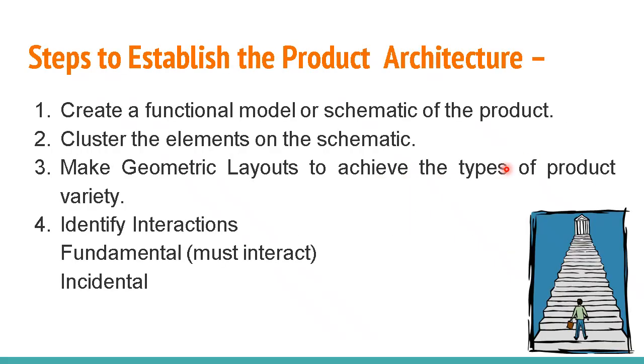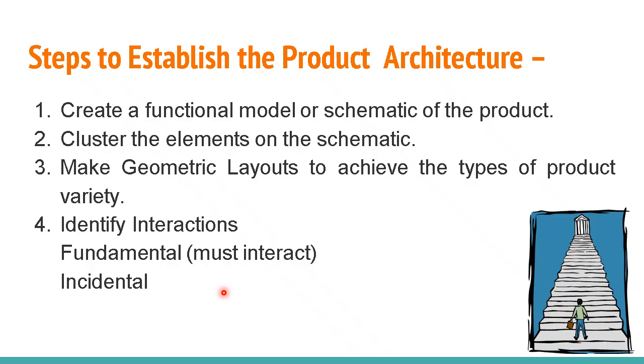Steps to establish the product architecture. First, create a function model of the schematic product. Then cluster the elements of the schematic, make a geometric layout, and identify the fundamental interactions that must be integrated initially. So to build the product architecture, we start with the function model, a diagram showing what the product must do.